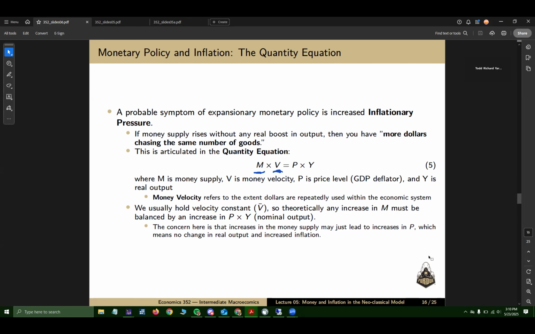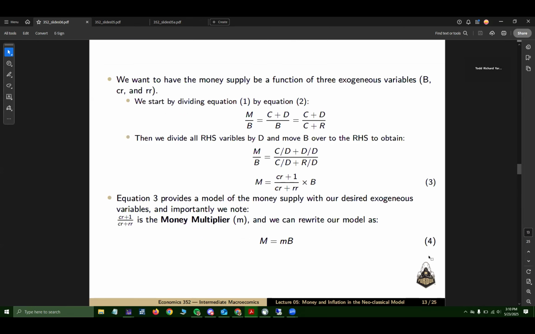Now, this is important as well because it carries over from a conversation we had with respect to the money supply. One of the things we know is that you can increase the money supply, and then people actually have to use that increase. There is the extent to which an increase in the monetary base is going to increase the money supply, which we saw earlier was governed by the money multiplier.